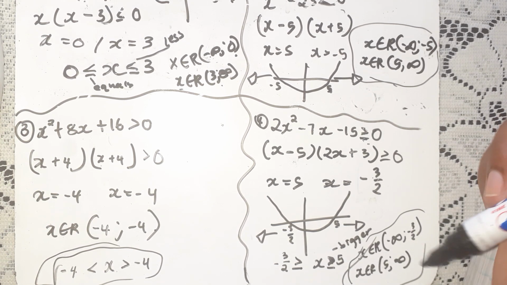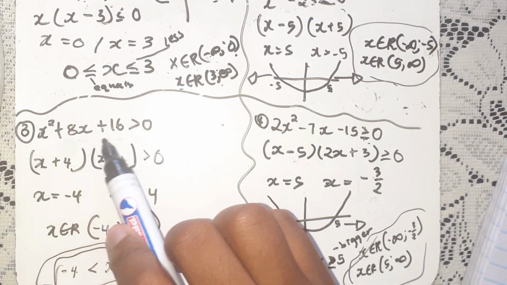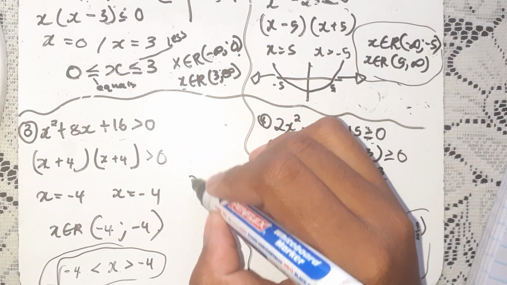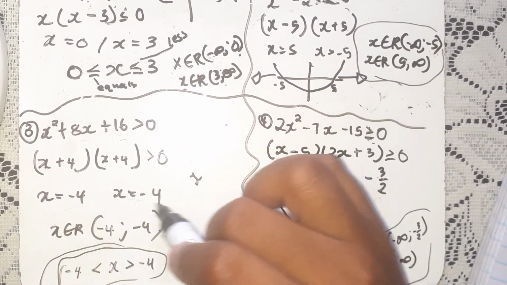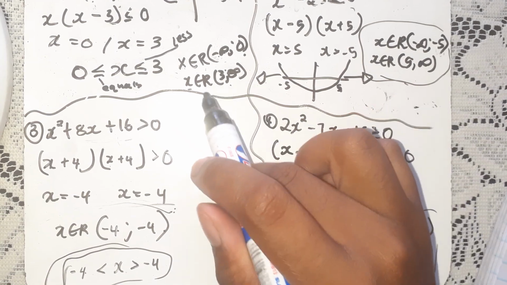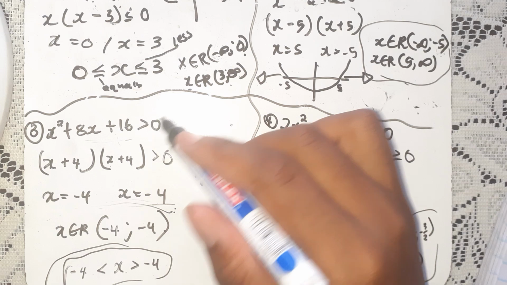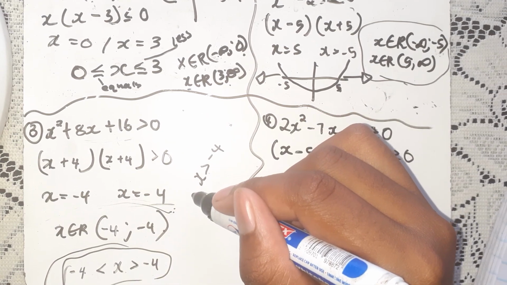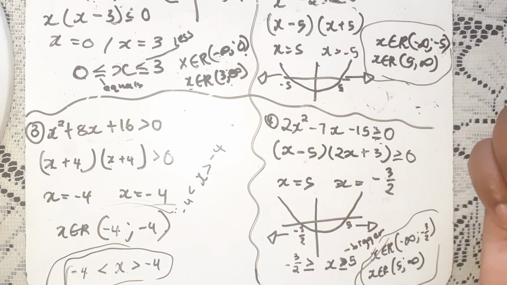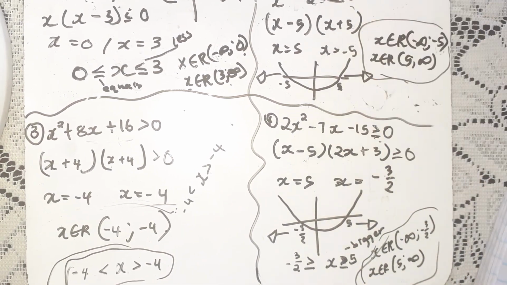Thank you very much, because here we are just asking which values of x is x greater than 0. When x is greater than negative 4, x is greater than 0. And when negative 4 is less than x, x is greater than 0. You see? So that is how we interpret this whole thing.